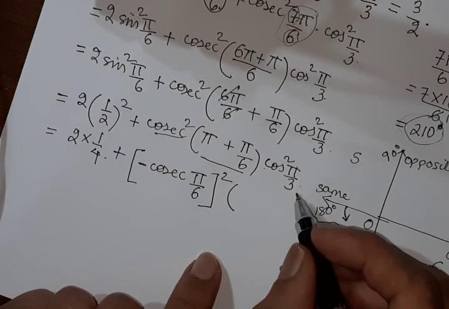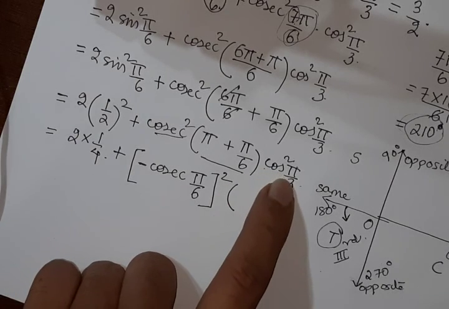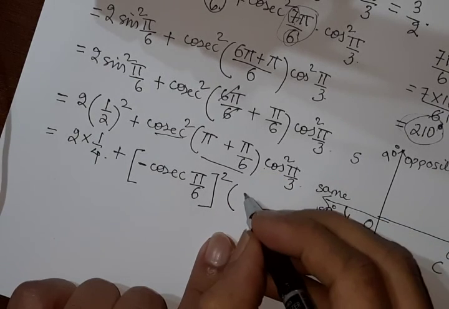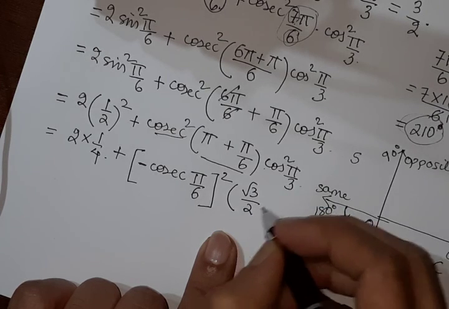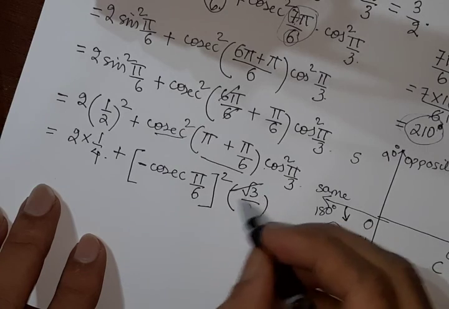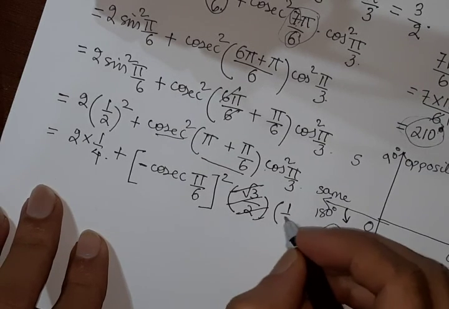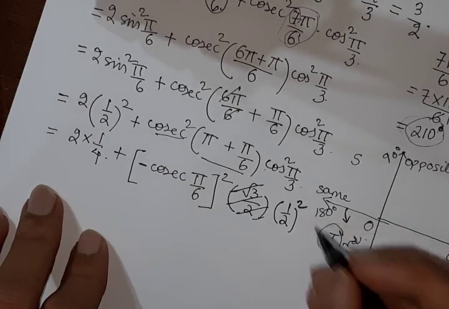Cos pi by 3 is what? Cos pi by 3 means cos of 60. So cos of 60 is nothing but root 3 by 2. Not root 3 by 2, sorry, half. Half, the whole square. Like this.